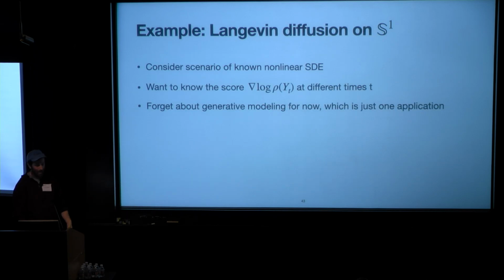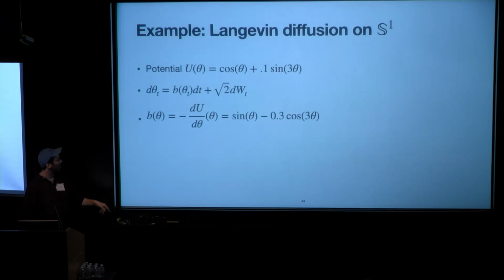And just one tiny example of where these nonlinear diffusions come from. For example, if we just had a potential on a circle, where theta is the angle of moving around the circle, we have a pretty simple SDE that is essentially just running Langevin with this potential.